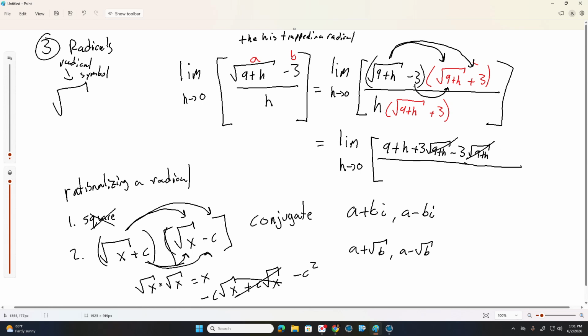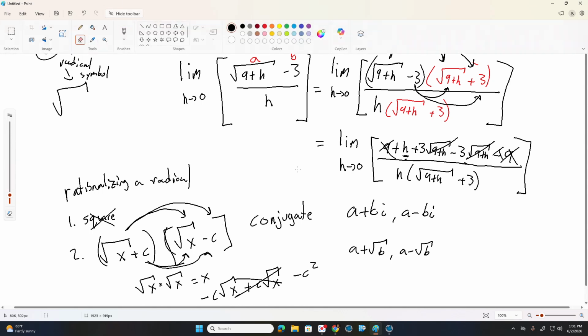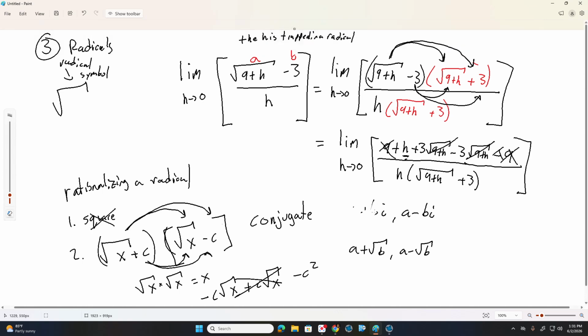Don't forget, we do have a minus 9, which means that term cancels and that term cancels, leaving us just with h. Now on bottom, we have h divided by the square root of 9 plus h plus 3. We don't typically like to expand things unless we know for sure they're going to cancel. Now, giving myself just a little bit more room, I'm going to erase these conjugates.